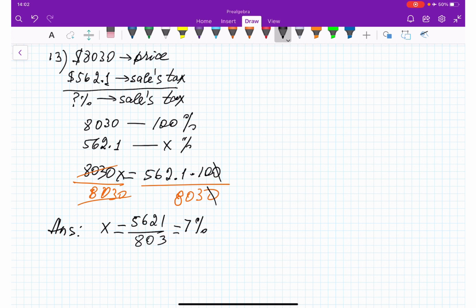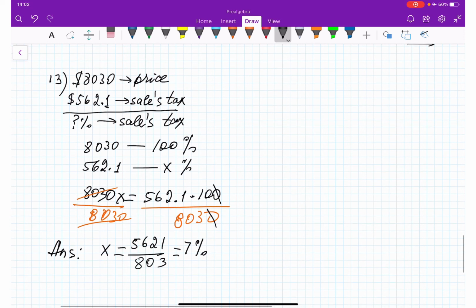Question number 14. A sales representative for a large furniture warehouse is paid a commission rate of 7%.